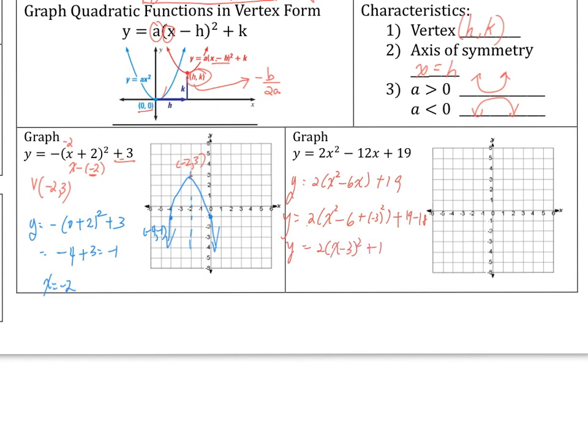So then I'll get 1 here. Now I'm ready to graph because I have a vertex of 3, 1. And then my y-intercept will be 0 minus 3 is -3 squared, 9 times 2, 18 plus 1, 19. So somewhere up there. And my axis of symmetry will be at x equal to 3.